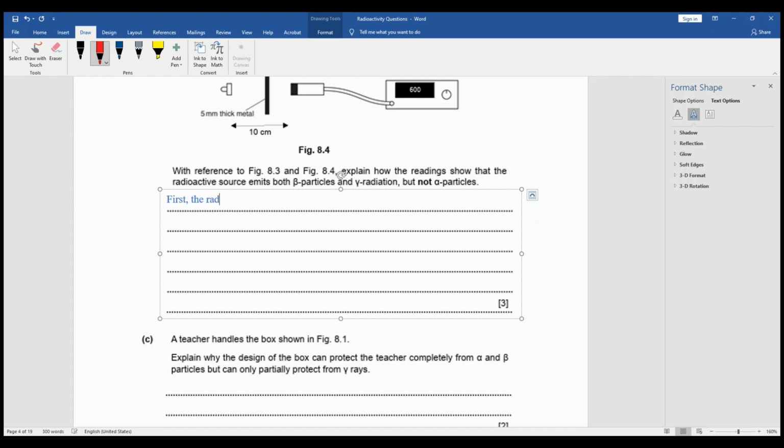The reading with or without the paper is the same at 800.